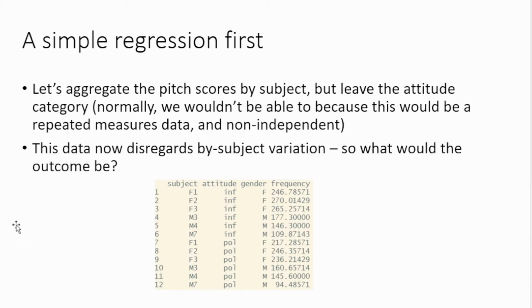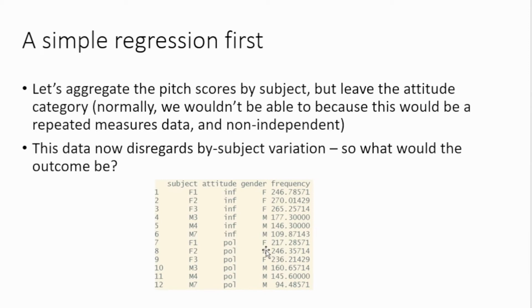So we aggregate our frequency for each participant based on their attitude group. So female 1, average frequency for all of their trials that were informal, and female 1 for all trials that were polite, and then aggregate those into an average frequency for that participant for that attitude.